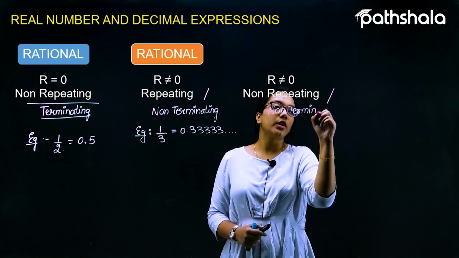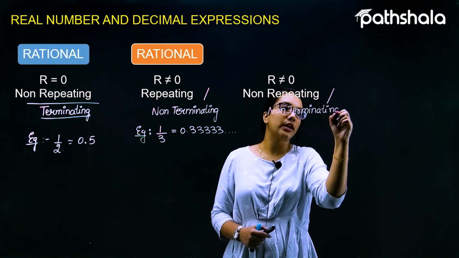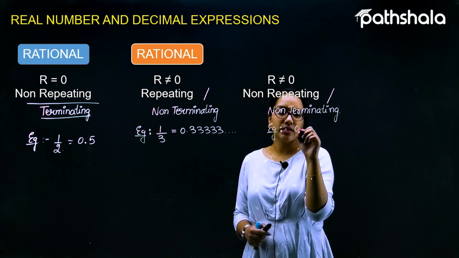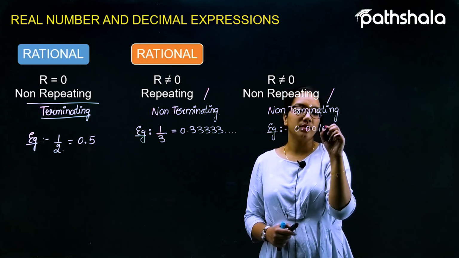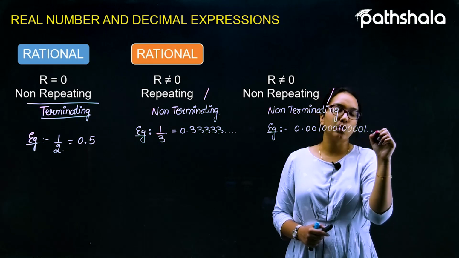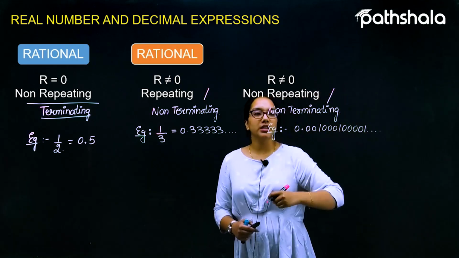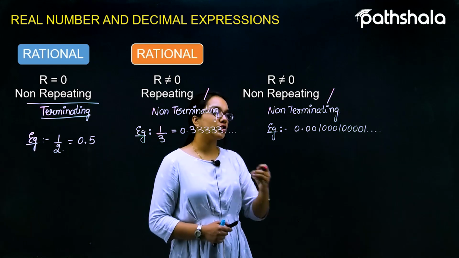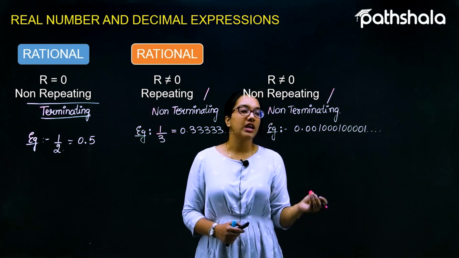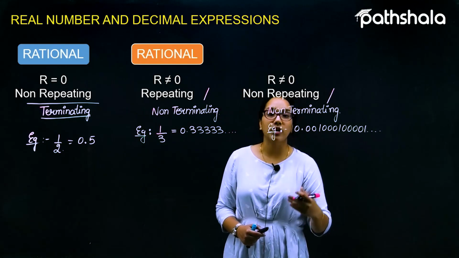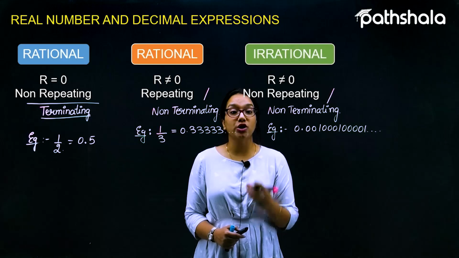We have given an example of a number like 0.001, 0001, 00001 and so on. In such a number there is no repetition of the numbers and the number is non-terminating, which is not providing the remainder as 0. Such numbers are called irrational numbers.